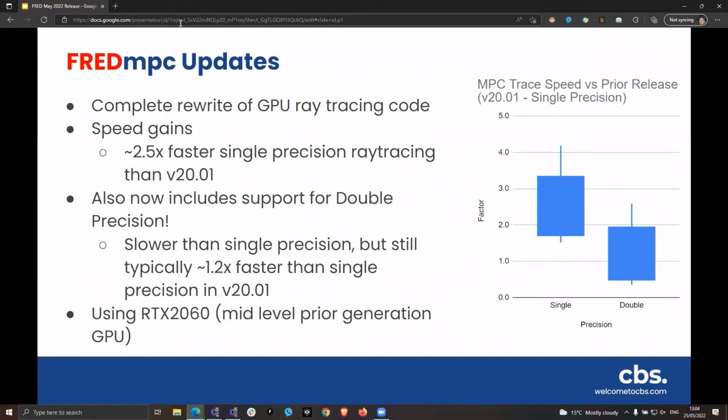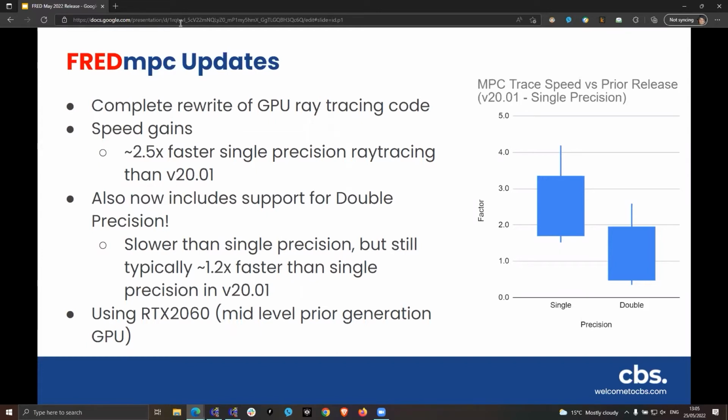There is a speed penalty for running a trace in the double precision mode, so it is slower than single. However, it's still typically about 1.2 times faster than the single precision calculation in the prior version of FRED.